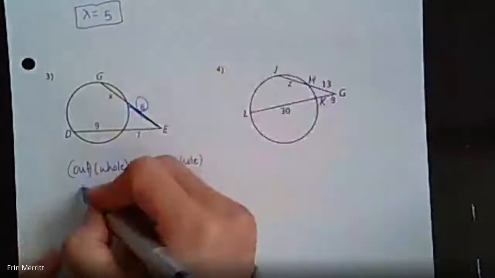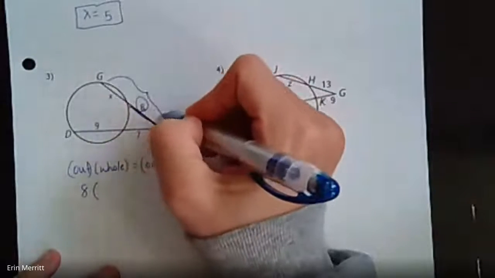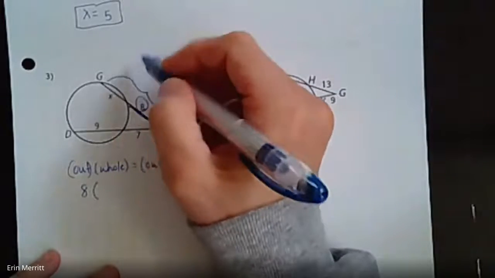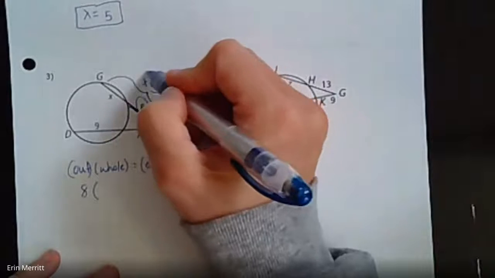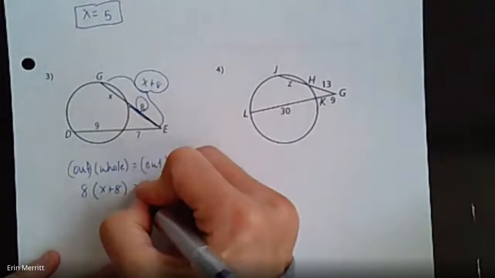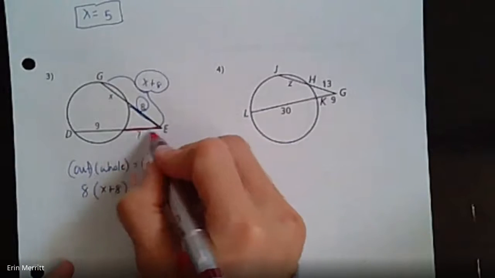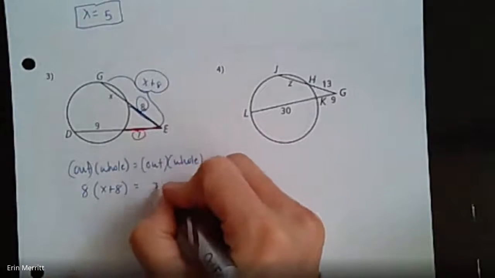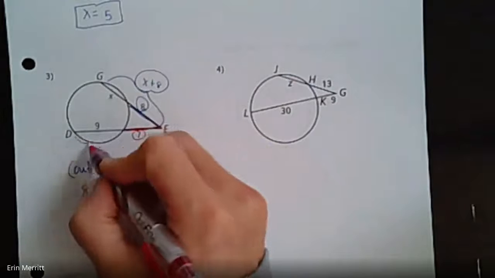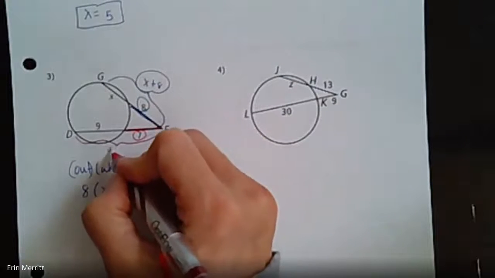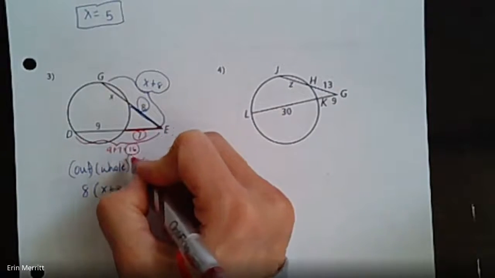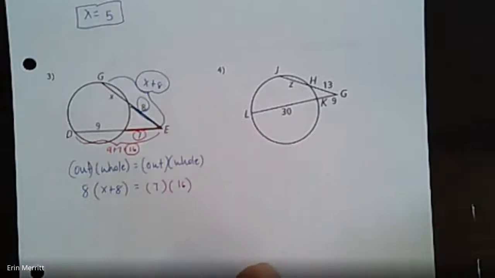So you got 8 here times the whole thing, which would be x plus 8. Then use the other secant for the other part of it. The outside is the piece outside of the circle, so that's the 7. And then times the whole thing. Well, 9 plus 7 would be 16. So that's the whole thing there.